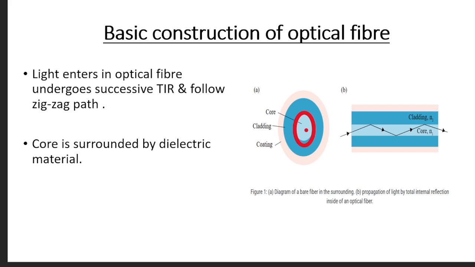This coating is used to protect our information or data. And the second figure shows the total internal reflection which occurs in the optical fiber at the core-cladding boundary. So this is the basic construction of the optical fiber.